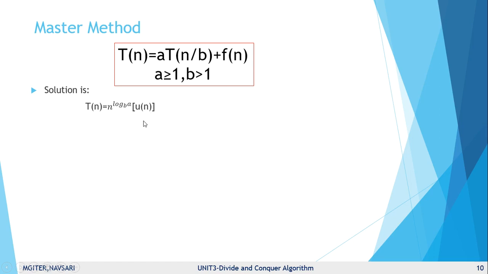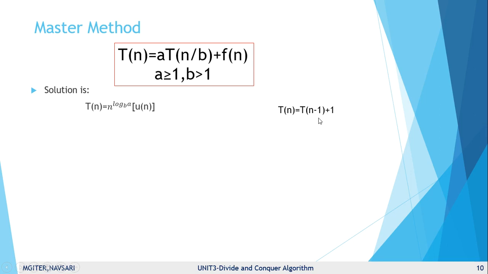Now the master method is not applied to any type of recurrence. For example, this type of recurrence is given, that T(n) is equal to T(n-1) + 1. Here the value of a is equal to 1 and the value of b is suppose 1. Then we cannot apply the master method because a greater than or equal to 1 is satisfied, but the value of b is here 1.